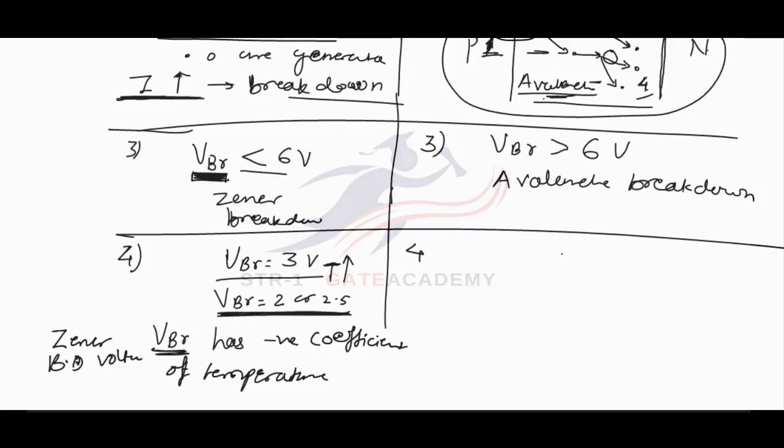Similarly, in avalanche breakdown, if we are getting breakdown at 7 volts and if we increase temperature of the diode, then practically it is seen that the breakdown will be obtained at higher voltages, either at 8 volts, 9 volts, means the breakdown voltage increases with temperature of the diode.